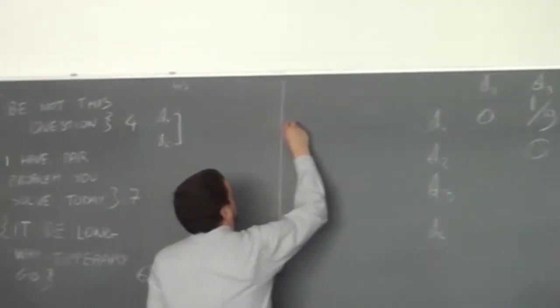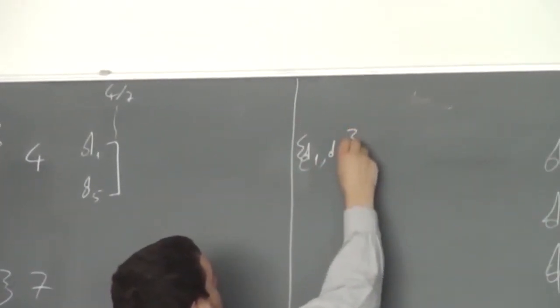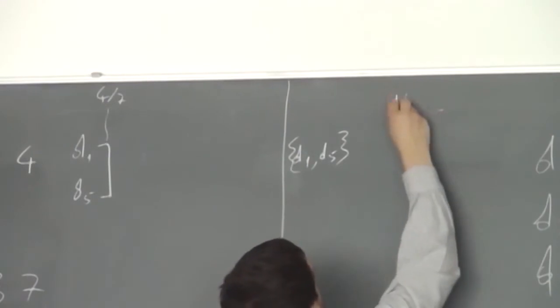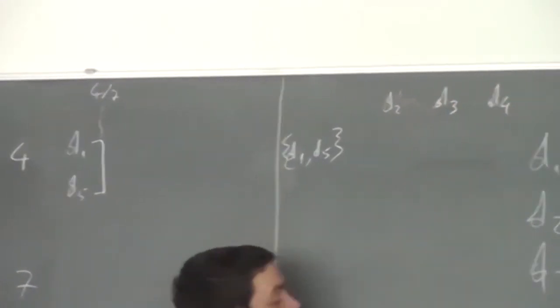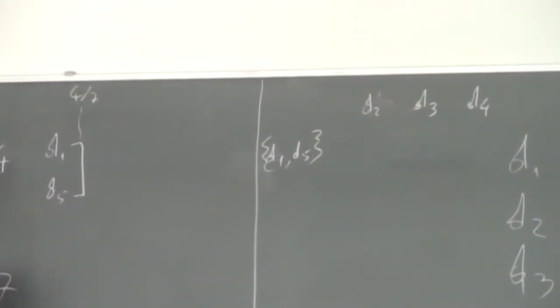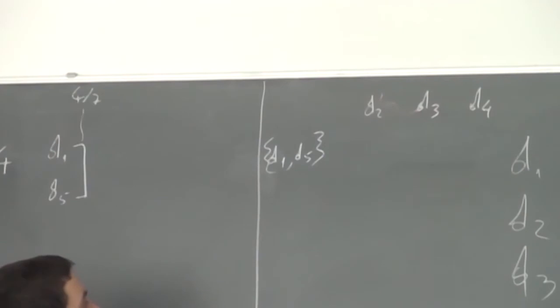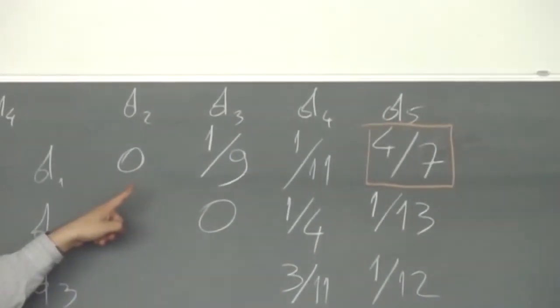Here I want the table that shows the similarity between the set D1, D5 and all the other sets. You see, I just have to look at this table and take the right numbers out of it.